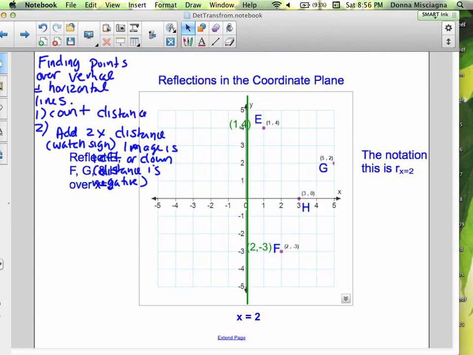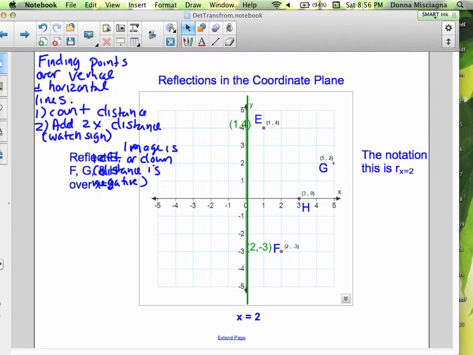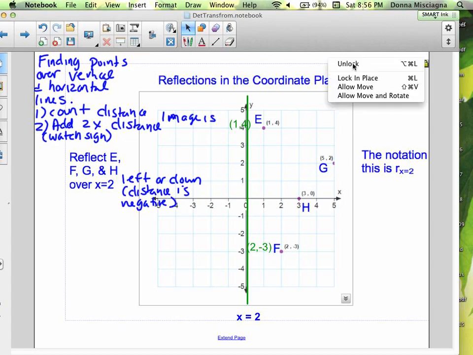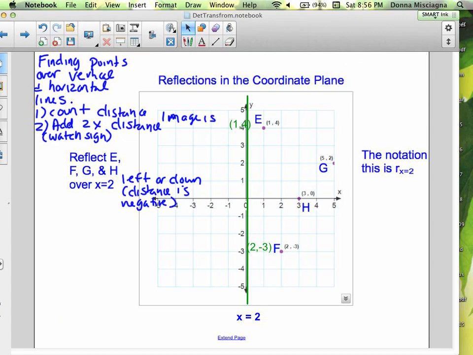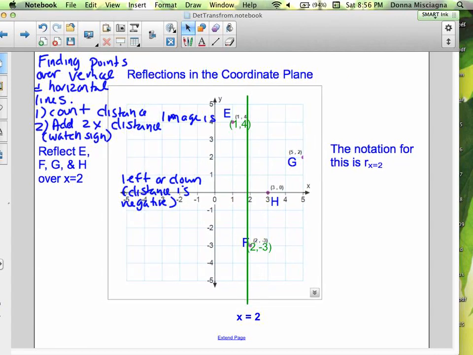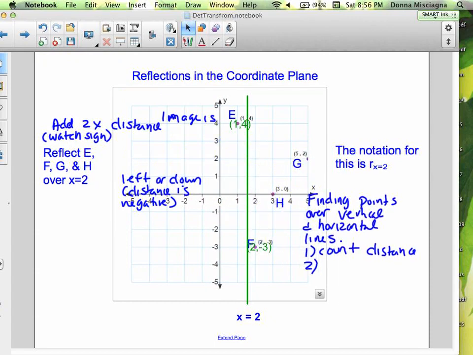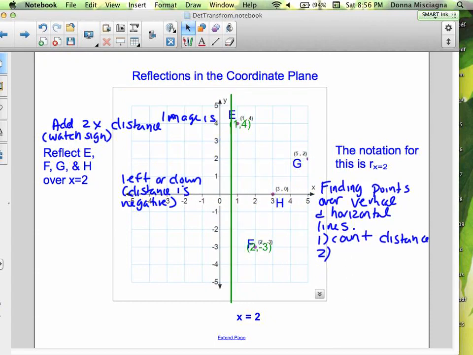If you notice, when I moved it, I made it worse. 2 times the distance. I don't even know where this goes. I will unlock that. I'm so sorry. Unlock. Let's move this over. Let's move my words over. There we go. And we'll move this. Oh wait, we're in the right spot. Sorry.